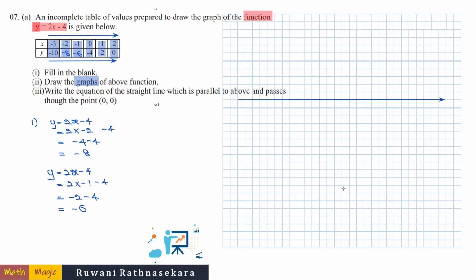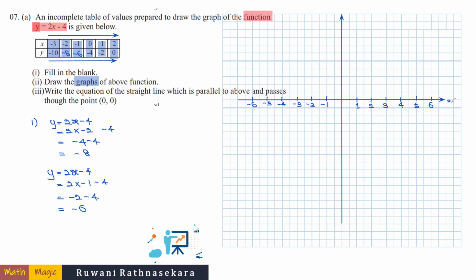For x, we can draw it so that it balances nicely. You can take 2 divisions as 1 along x. 1, 2. If you are using a foolscap, mark about 1 cm as the gap between two consecutive points. -1, -2, -3, -4, -5, and -6.